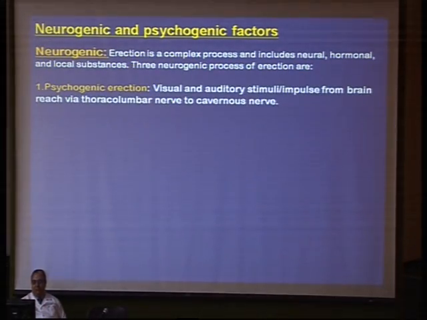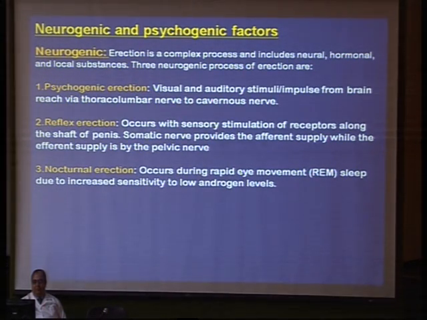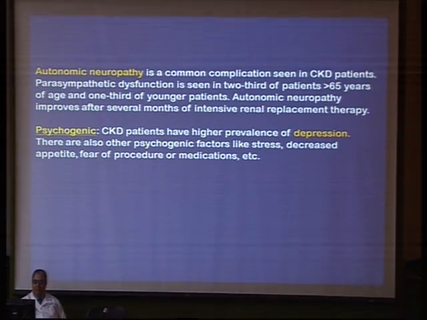All of us know we have 3 major elements: psychogenic erection, reflex erection, and nocturnal erection. All these are affected in patients with CKD. Also, autonomic neuropathy with parasympathetic system involvement is seen in 2/3 of patients more than 65 years of age and 1/3 of younger patients. This autonomic neuropathy improves after several months of intensive renal replacement therapy.